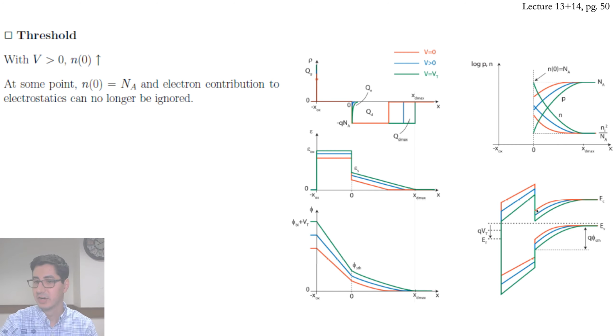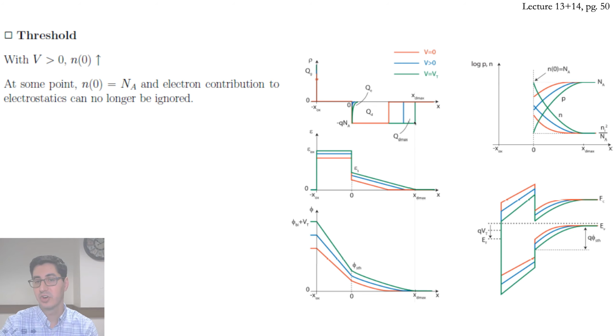But that electron concentration is so small that it doesn't affect my electrostatics. That charge is just so small in the scheme of things that it doesn't change anything. But right around threshold, that electron charge can no longer be ignored.